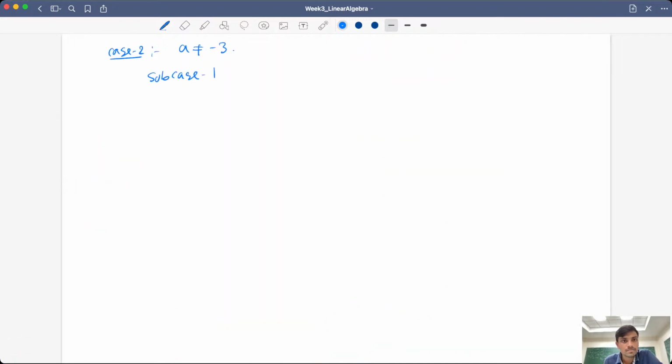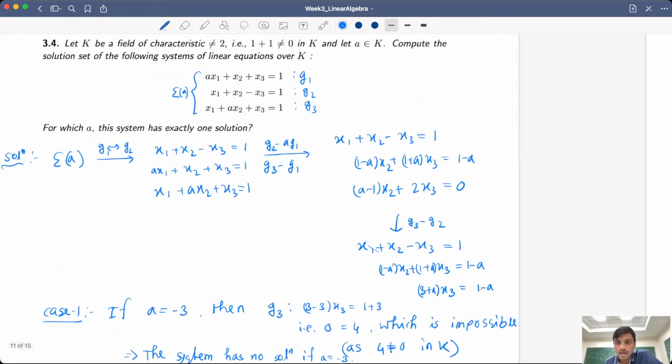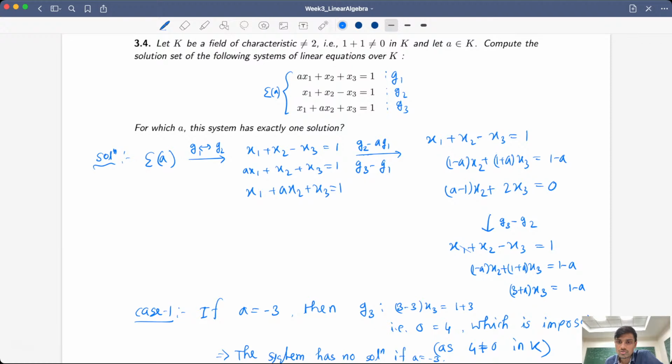Subcase 1, that a equal to 1, then the reduced system becomes x1 plus x2 minus x3 equal to 1, and this is 0, so this is 2x3 equal to 0 in both cases.